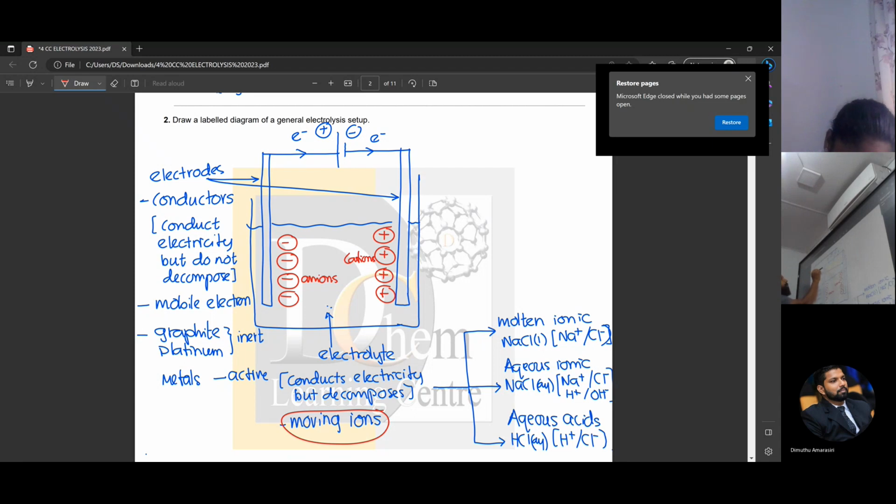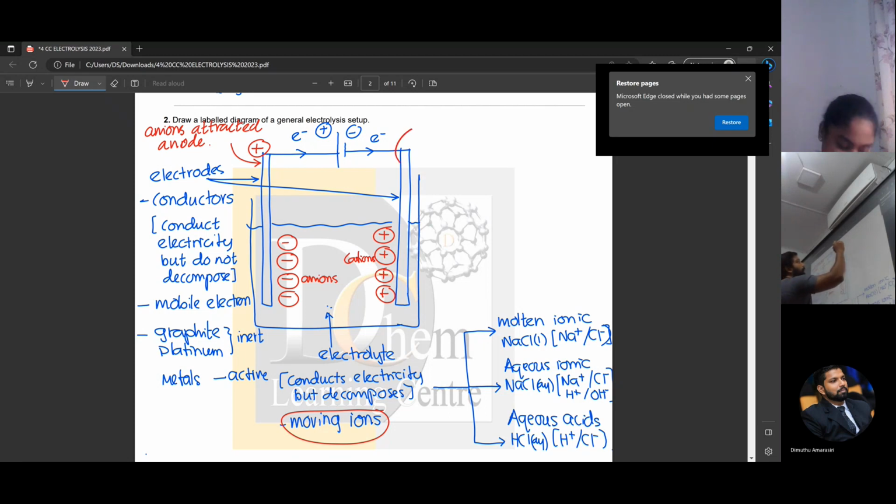Anode attracts anions. Since anions are attracted, it is called what? Anode. In order to attract anions, it has to be what charge? Positive charge. That is a more logical way of remembering.